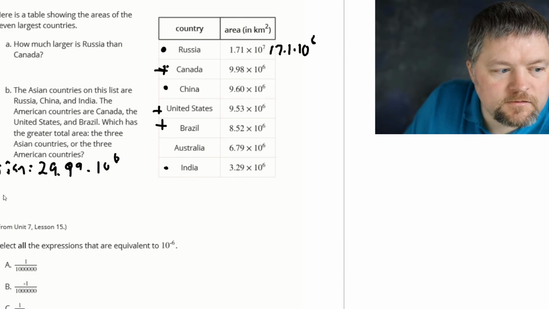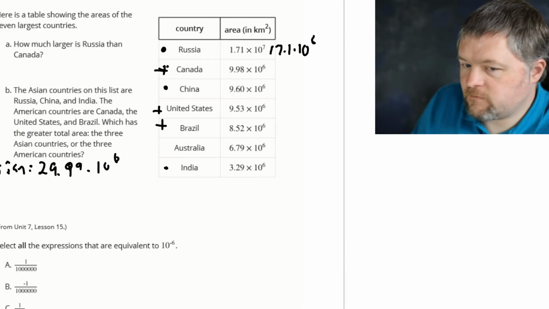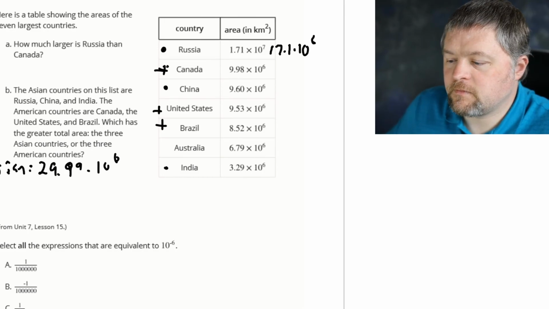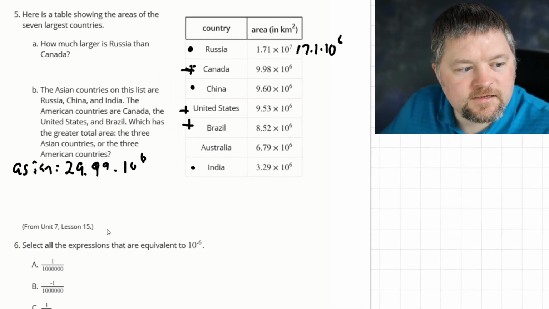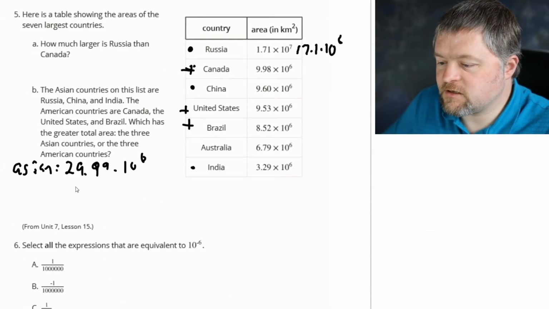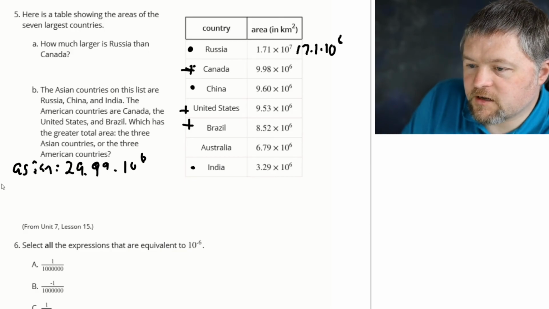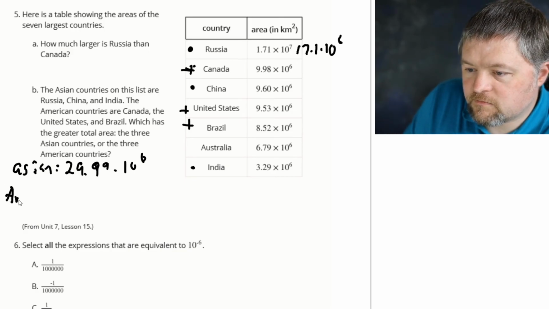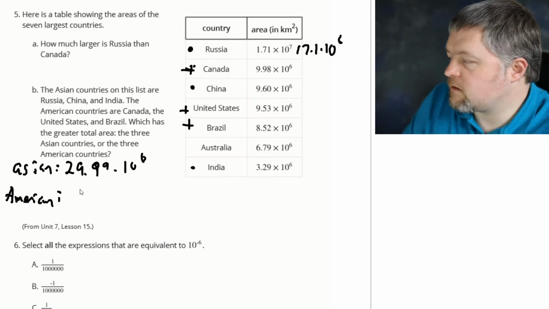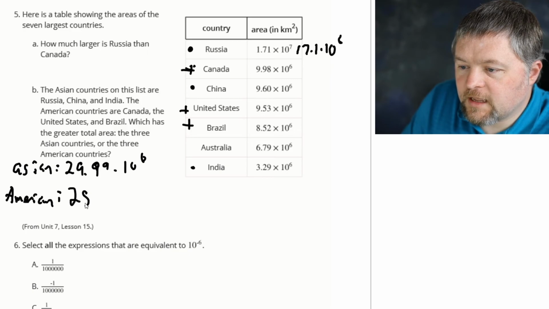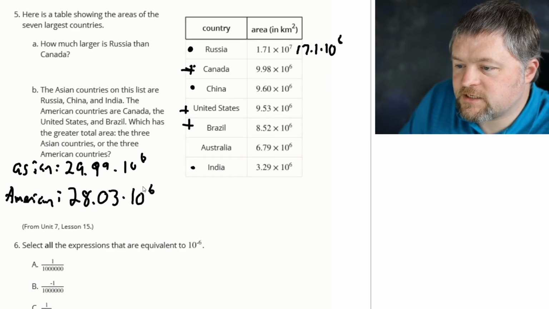So our, sorry about that, I had that so you couldn't see all of the word Asian. Our American countries are 28.03 times 10 to the power of 6.